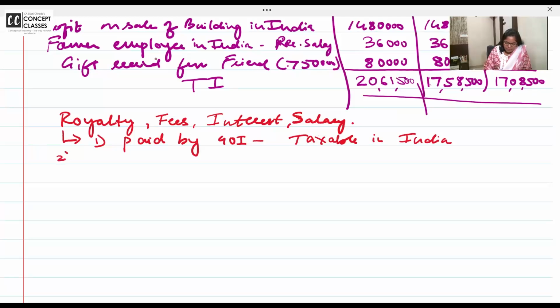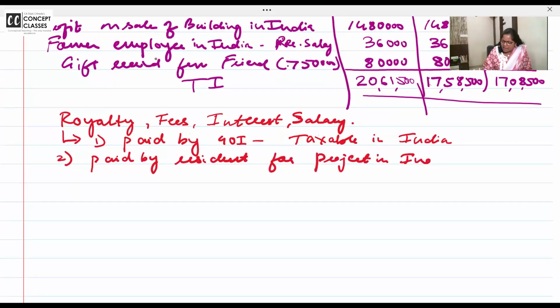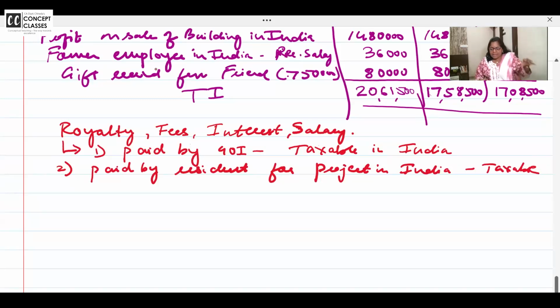Next. If it is paid by resident for project in India, taxable. Are you getting it? One resident is paying royalty, fees, interest, salary, anything, to resident or non-resident, but for the project, meaning where is that money being used?